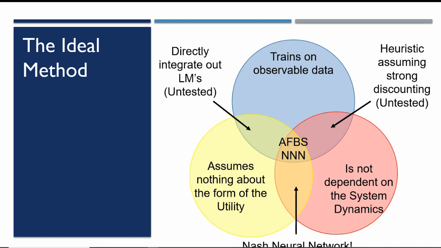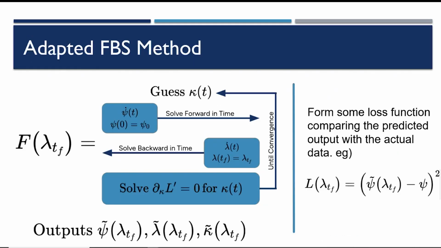So our current working Nash neural networks had these three optimal conditions which gave predictions for lambda dot, psi dot, and kappa opt. What we could do with them is we could just bung them through a forward backward sweep as we had before. The only problem with that is we're assuming that we don't know anything about the Lagrange multipliers, so we don't know what this end time condition on the lambdas is.